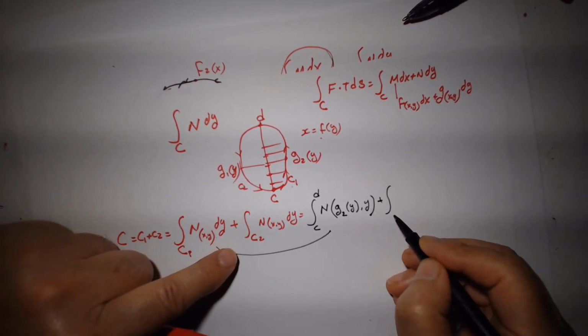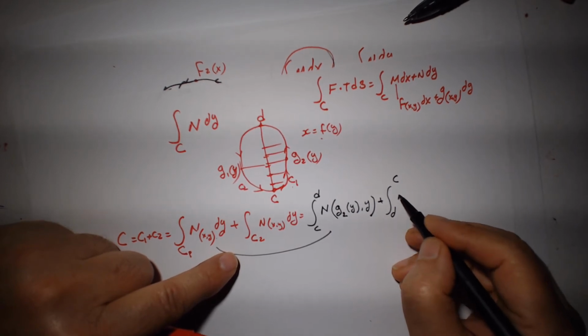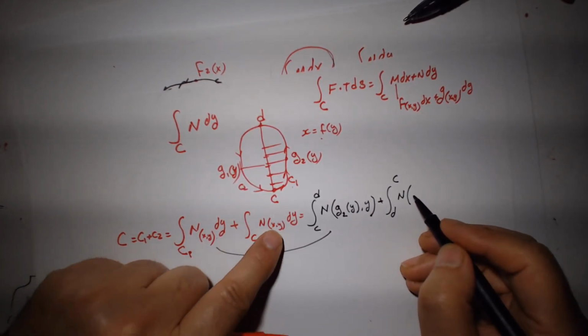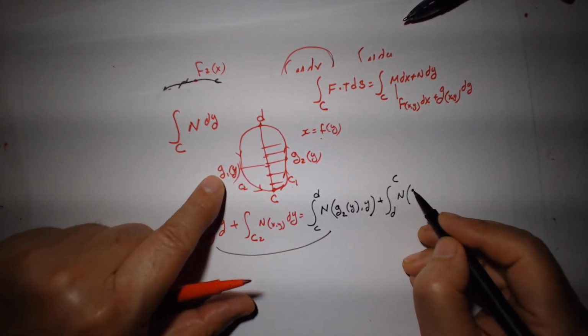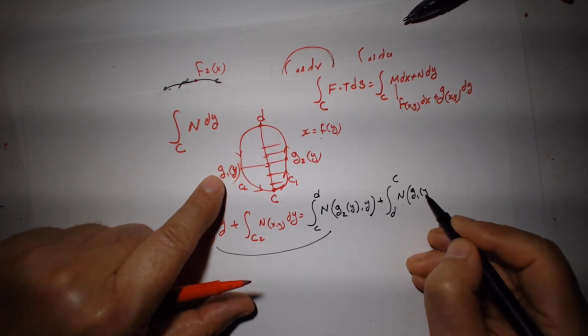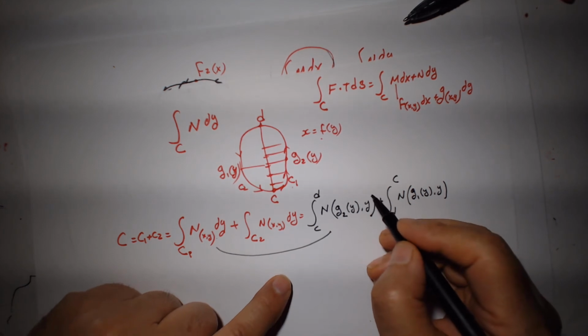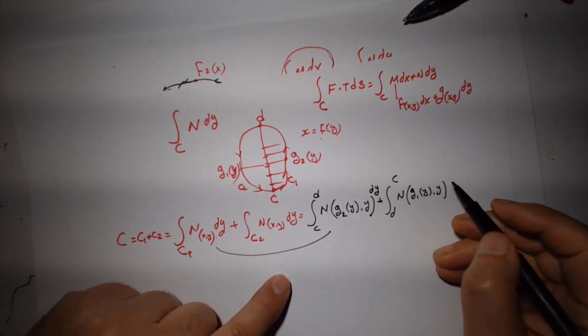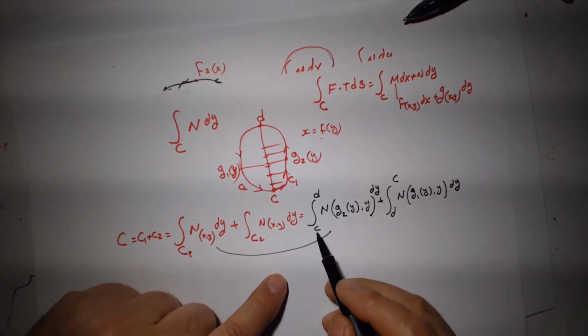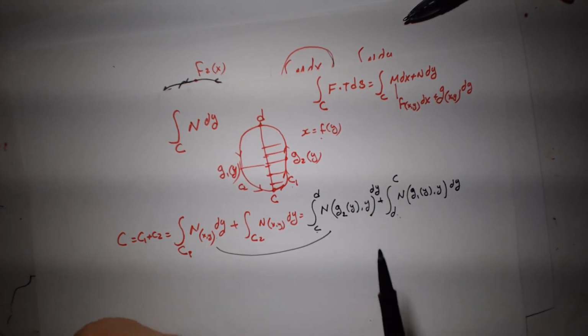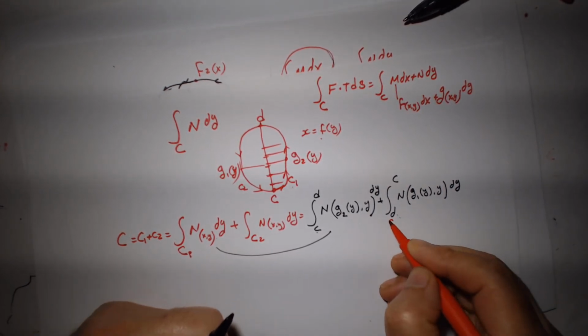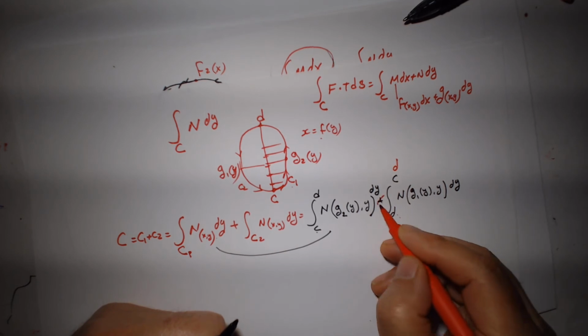Plus D to C, n, function of x and y, x is G1 of y, but the y is fixed, and both of them have dy, which I forgot on down. But the lower limits are not the same. I switch the limits and I make a negative.